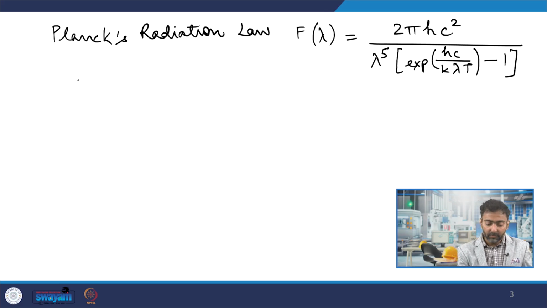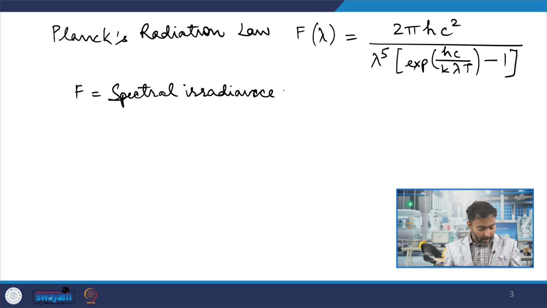So this Planck's radiation law gives us the spectral irradiance of a black body. In this equation, if we look at it in a little more detail, F is what we call the spectral irradiance. The spectral irradiance is typically measured in units of watt per meter square per micrometer.